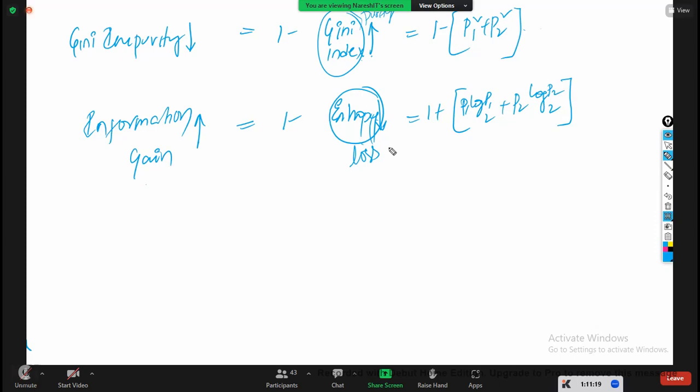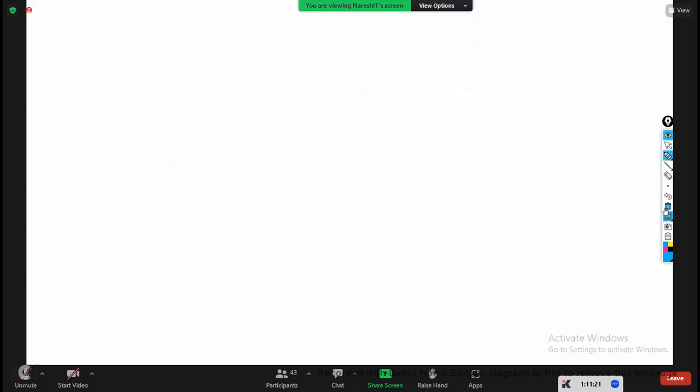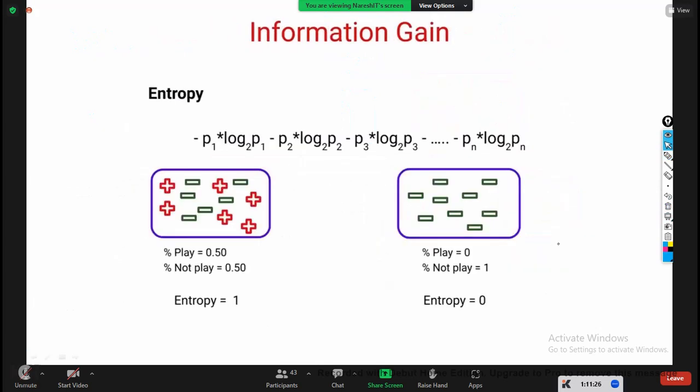Entropy means disorderness. Let us take an example. In this case, you are having pure, everything of one class. Now what happens? The entropy is going to be 0 because one of the probabilities is 0. Log 1 also is equal to 0.